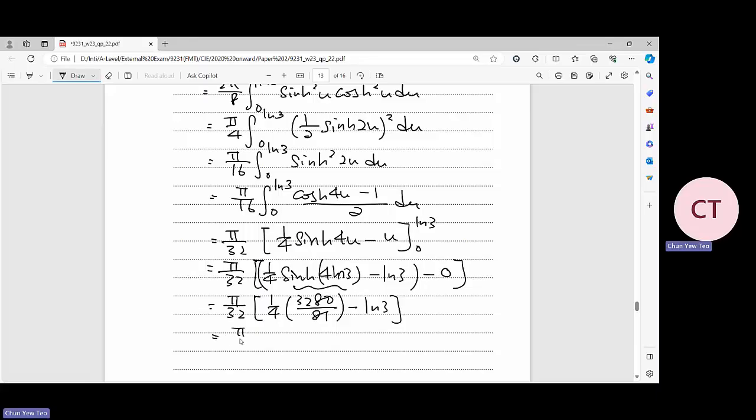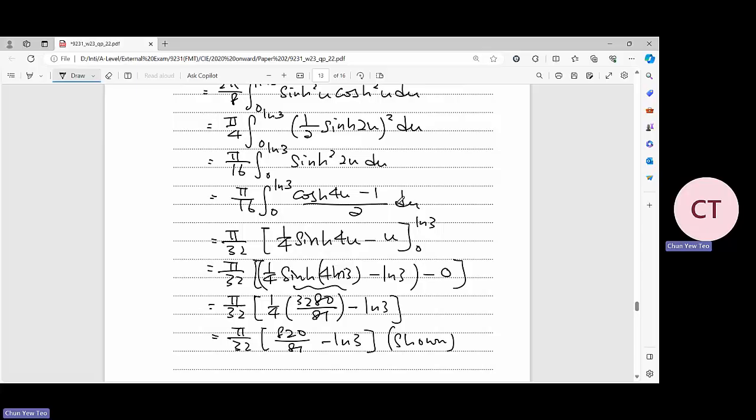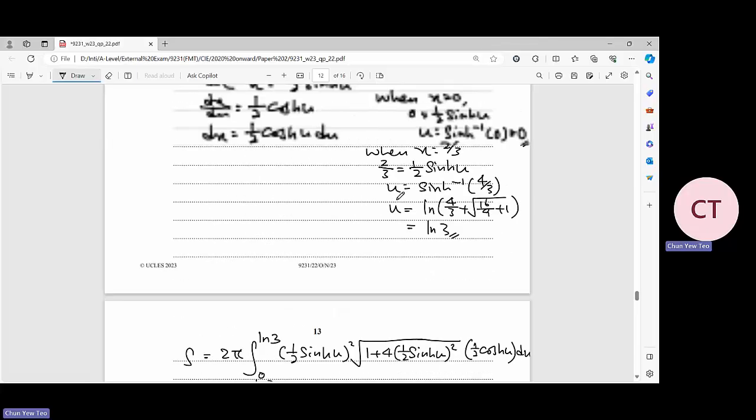So at the end, you get pi over 32, 820 divided by 81 minus a ln 3. Shown. That is the answer. You can see the answer is correct. So that will be the answer for this question number 7B.